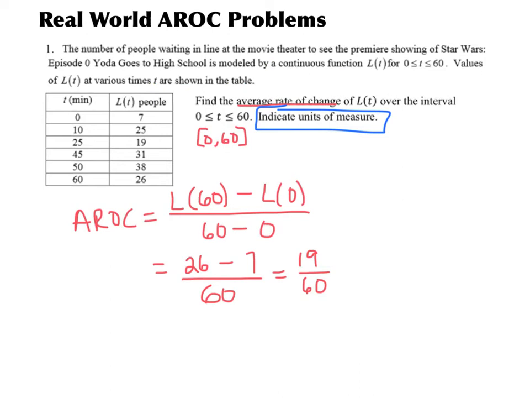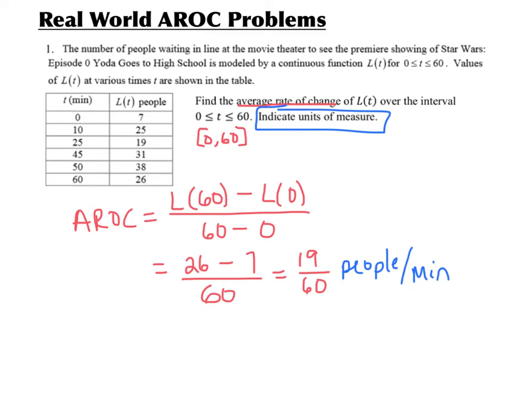So 19 over 60 is a positive slope, and you can see that the rate of change, the slope of the line, the number of people in line is increasing, okay, over a period of time. And so our units of measure here would be people over minutes. So 19 over 60 is a positive slope, people per minute.